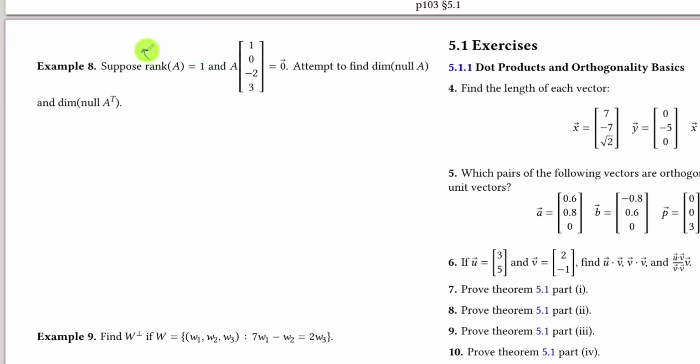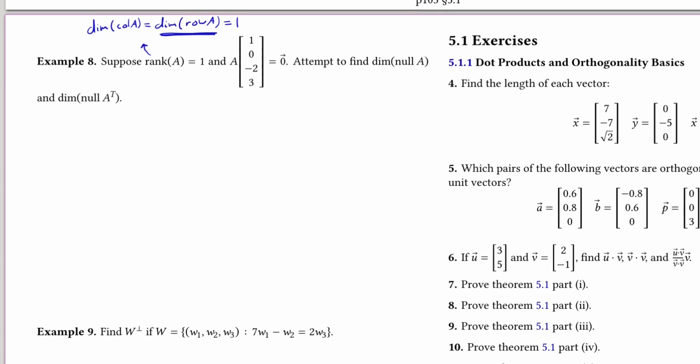Remember, that means the dimension of the column space of A, and it's equal to the dimension of the row space of A. We showed back in chapter 1 sometime that you can make a basis for the column space of A using pivot columns of A, and you can get a basis for the row space using pivot rows of the reduced echelon form of A. Either way, this number 1 is equal to the number of pivot positions in A.